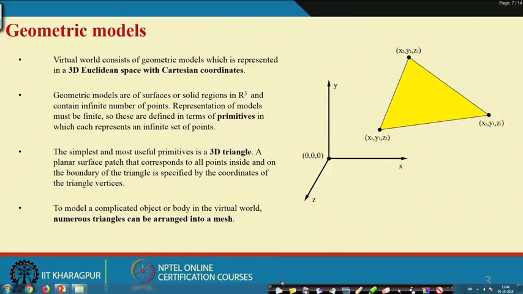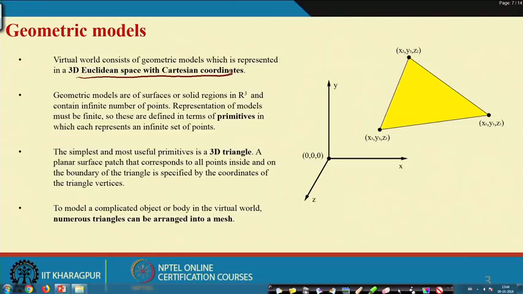In geometric models, first we should know that the virtual world consists of geometric models represented in a 3D Euclidean space with Cartesian coordinates. We should focus on this particular line: 3D Euclidean space with Cartesian coordinates.